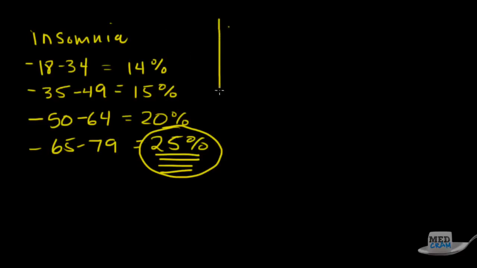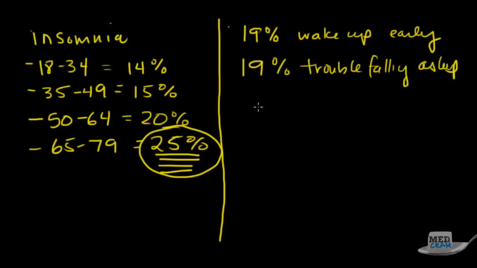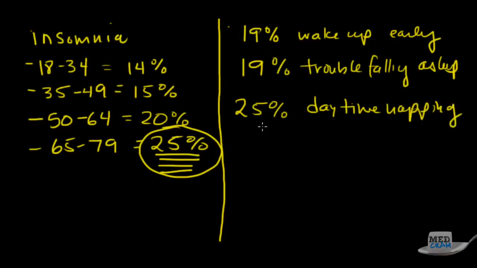If we could use a number of different words to describe it, about 19% of people wake up too early. Another 19% would describe trouble falling asleep. Some have daytime napping. 29% basically come right out and just say they've got insomnia.